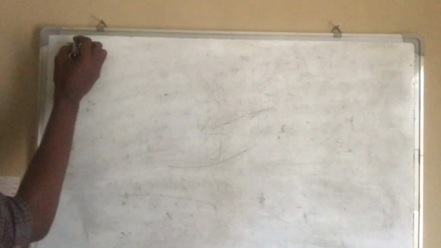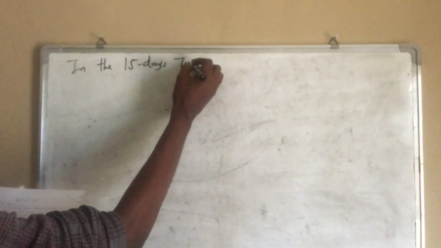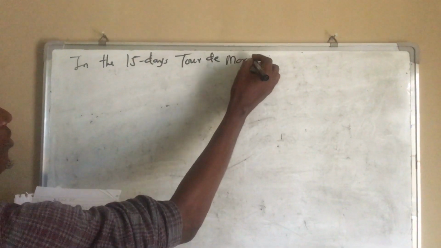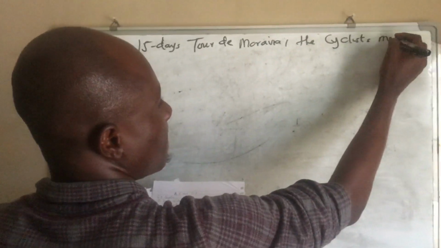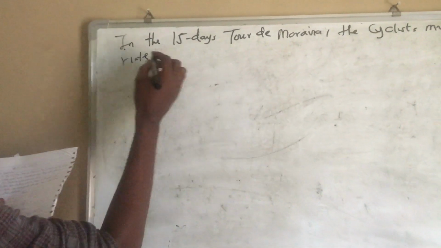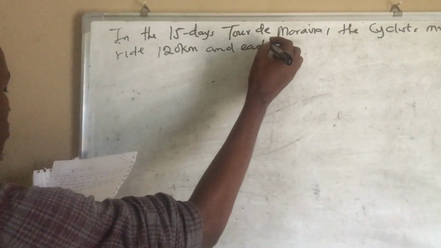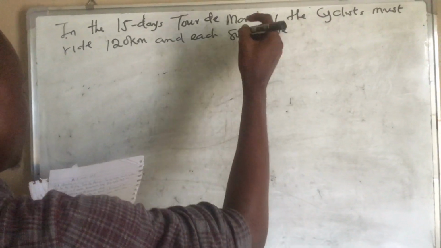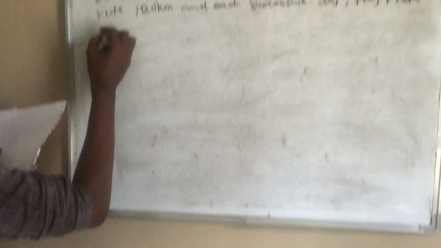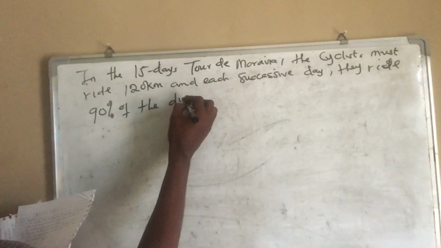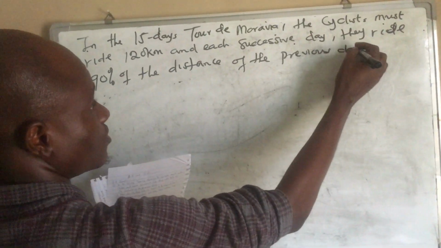Now, the geometric progression question is saying that in the 15 days, the cyclist must ride 120 kilometers, and each successive day they ride 90% of the distance of the previous day.